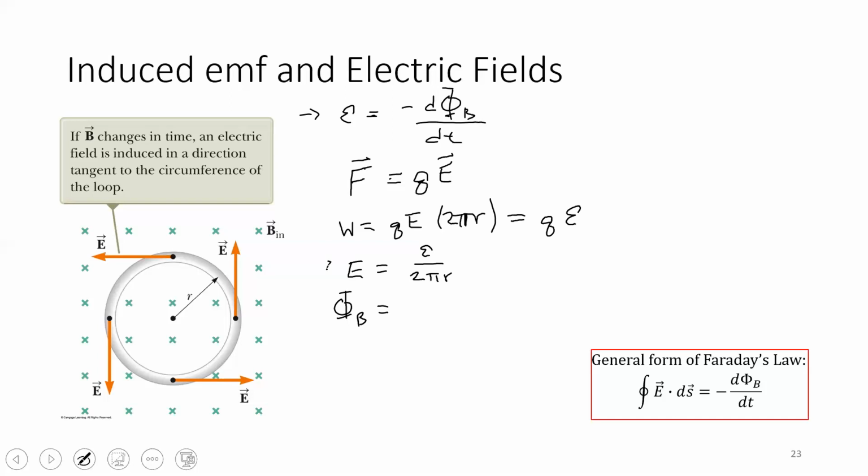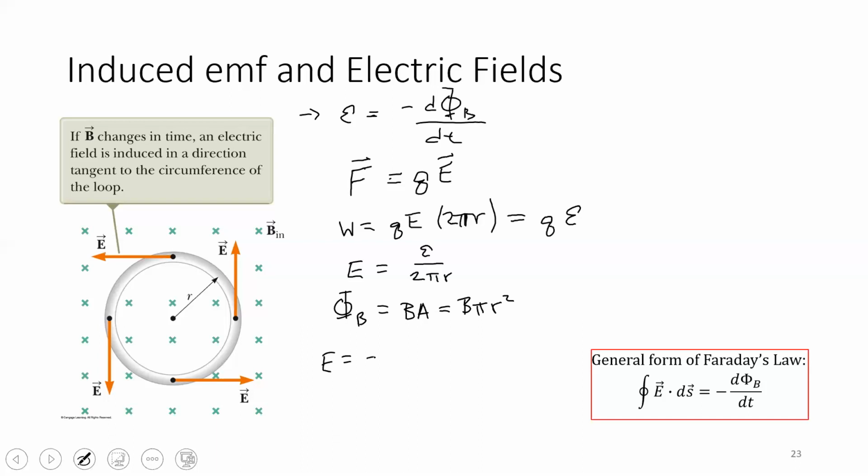So our flux, as long as we're perpendicular, we can just use B times A. And in this case, with our perfect circle, we have πr² for our area of the loop. So if we compare this and add it all in there, instead of EMF in our electric field equation, we're going to use the negative dΦ/dt.